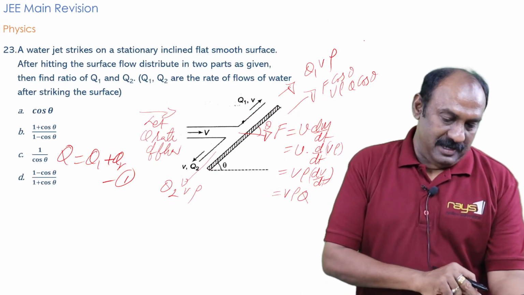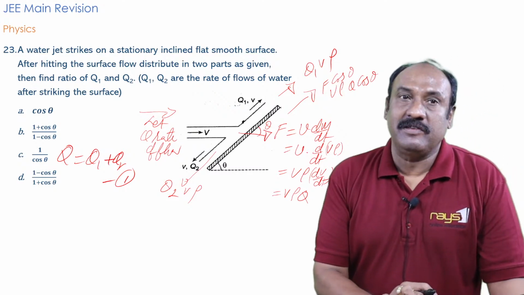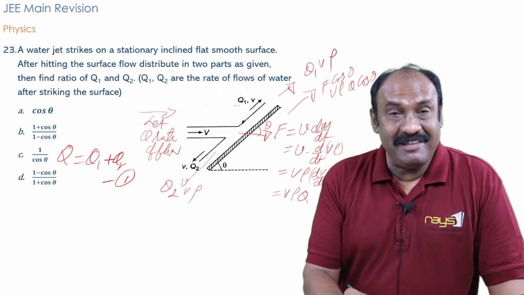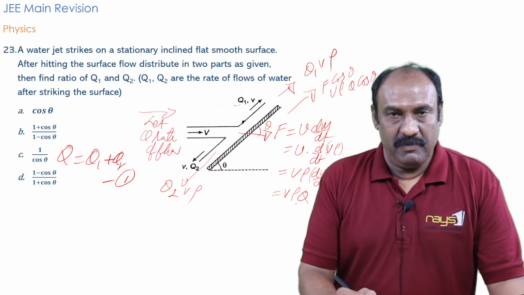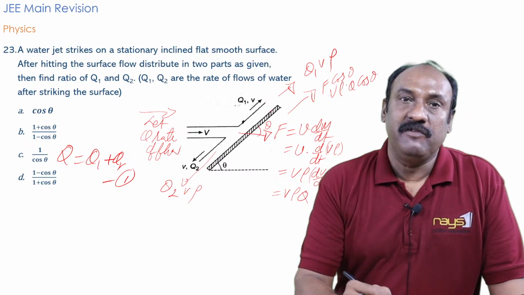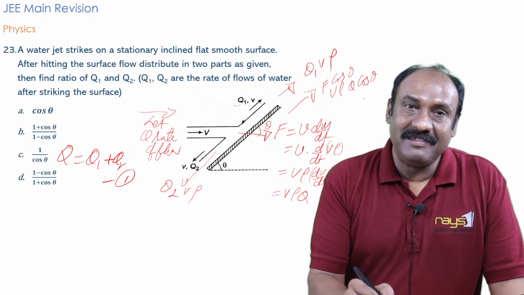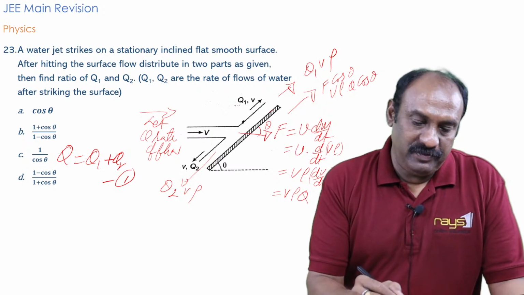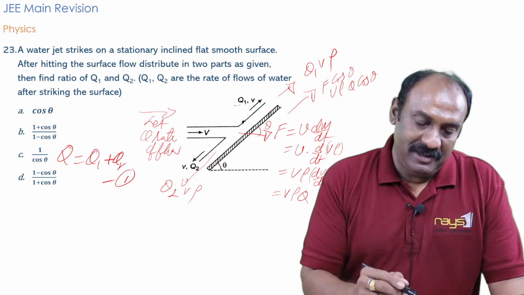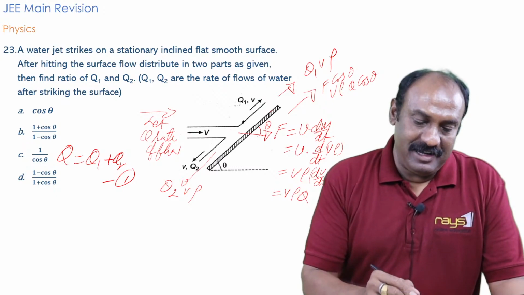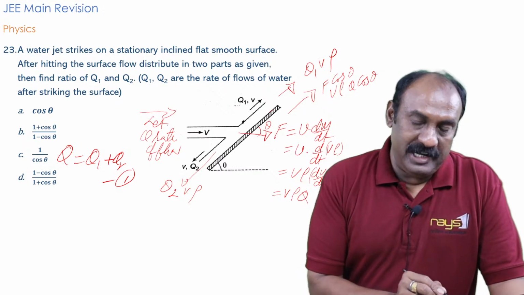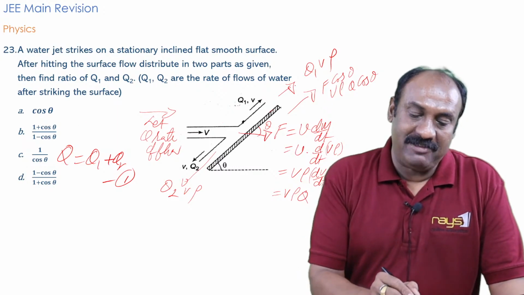So once again, what I considered here: the force at which the jet strikes the smooth inclined plane is V rho into Q, which is the key point of this problem. The component of this force along the smooth inclined plane in the upward direction is V rho Q cos theta. This is the resultant of the forces of the two parts of the stream, one moving upward and the other moving downward. But the rate of flow at which it strikes is Q, which is split as Q1 and Q2.